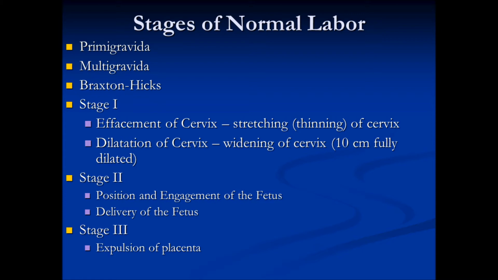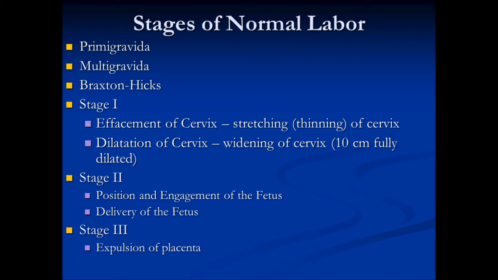Now, stage 1 of labor is the first stage, obviously, and this is where you will have effacement, meaning stretching or thinning of the cervix, and also dilation, which is widening of the cervical opening.